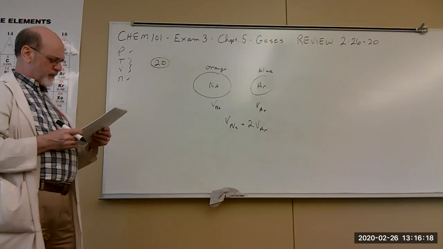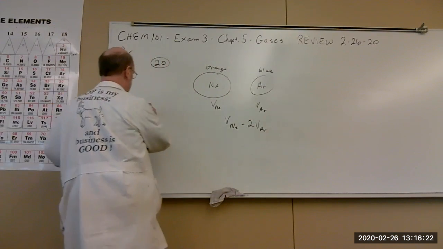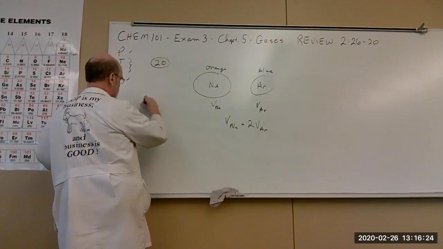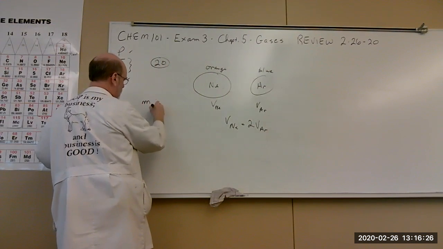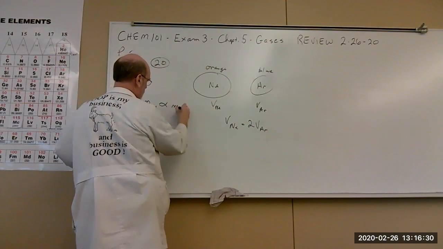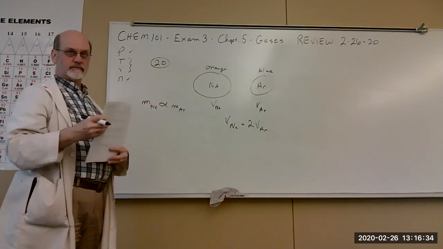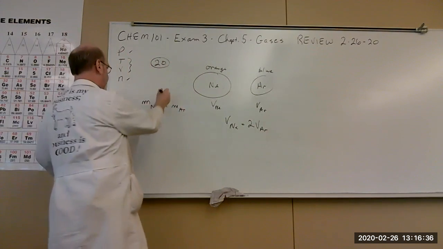Which of the following best represents the mass ratio? So we're looking for what's the relationship of the mass of neon to the mass of argon. That's just how are they proportional? That's the question.